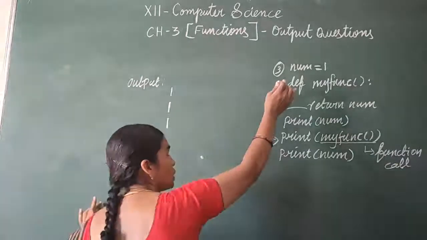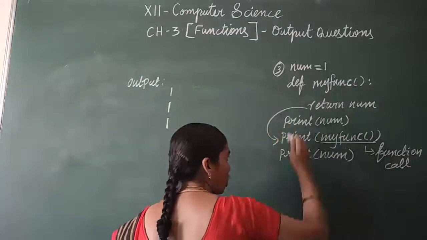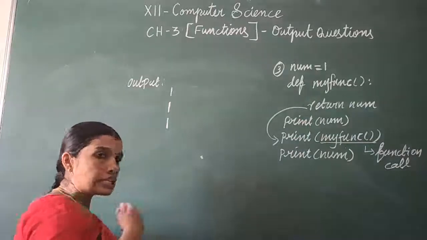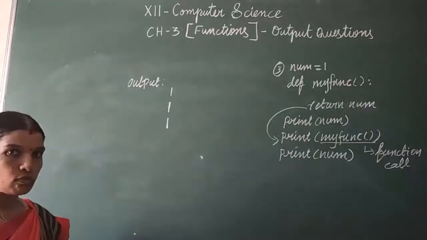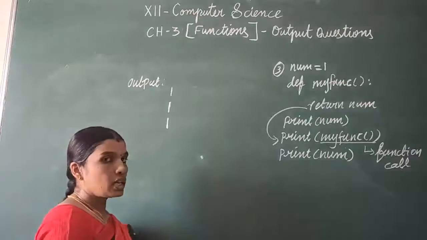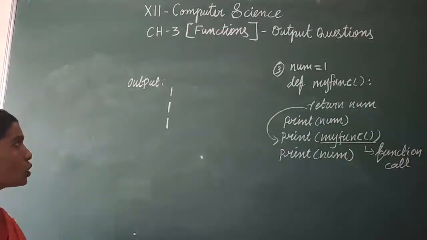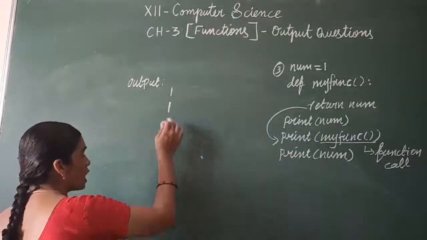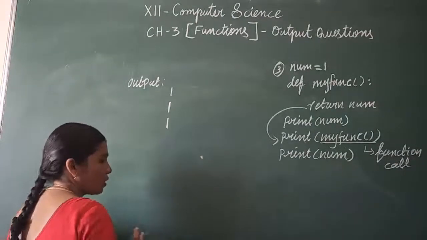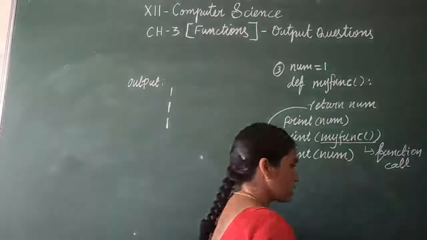So we can use this global variable throughout the program. So inside the function, then outside the function, everywhere we can use this global variable value. Did you understand? So what type of output we have got? 1, 1, 1. Okay.